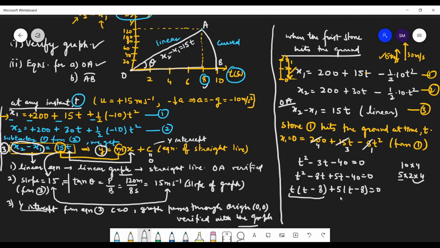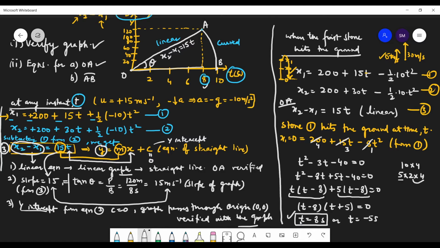And from these two terms you can take t minus 8 common. So t minus 8 is common, and that's t plus 5, equal to 0. So t equals 8 seconds or t equals minus 5 seconds. So obviously time cannot be negative, so t is equal to 8 seconds.